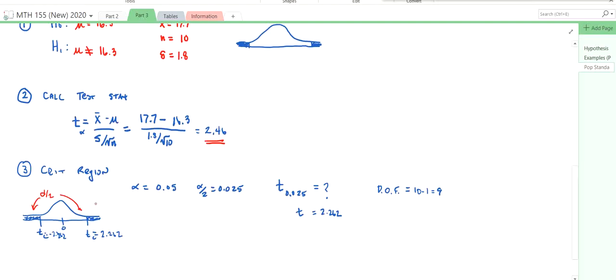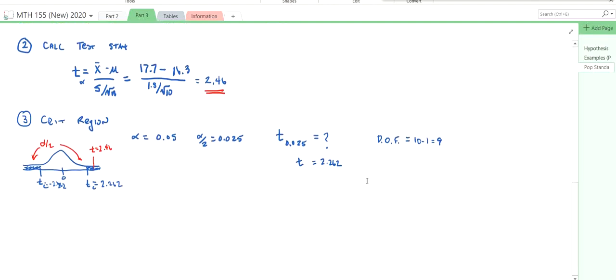So now we see that our t value is over here in the critical region. So what does that mean? That means that we are going to reject our null hypothesis because our test stat ended up in our critical region.